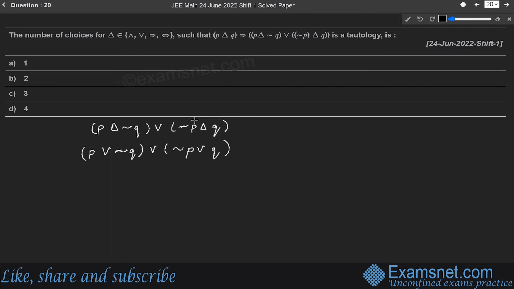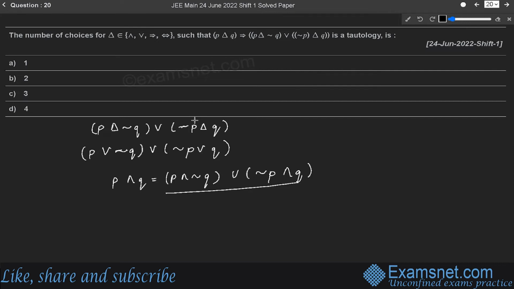Another case is when delta is the same as intersection, then P intersection Q will be equal to P intersection Q union P intersection Q. Now, if P intersection Q is T, then X cannot be a tautology because this term will be F, therefore X cannot be a tautology.